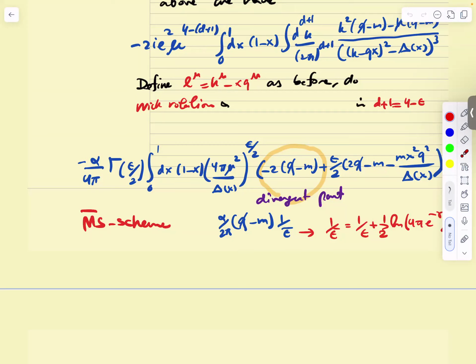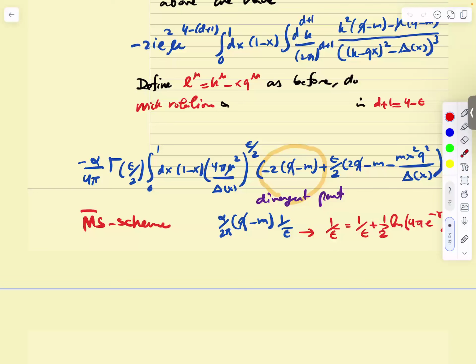You do dimensional regularization, but instead of keeping track of things in terms of epsilon, which is 4 minus d plus 1, what you do is you introduce epsilon bar. Gamma is a fixed number. Now you package the divergences in terms of 1 over epsilon bar.